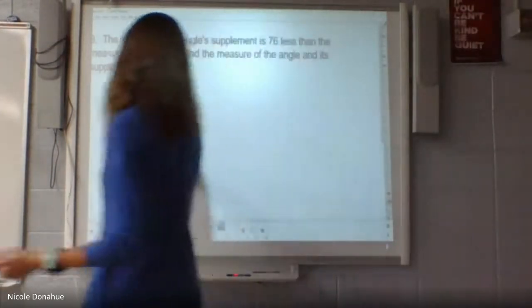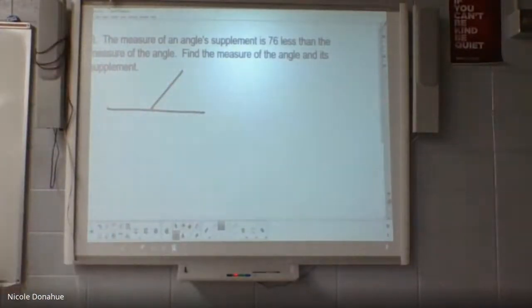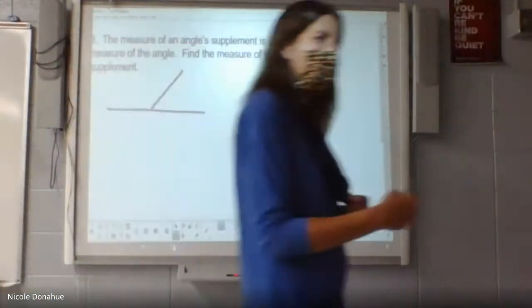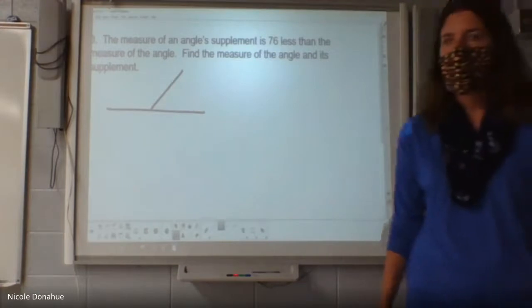So I might draw this. The measure of an angle's supplement is 76 less than the measure of the angle. So 76 less than. How do I write that algebraically? How do I write that with math numbers here? 76 less than.